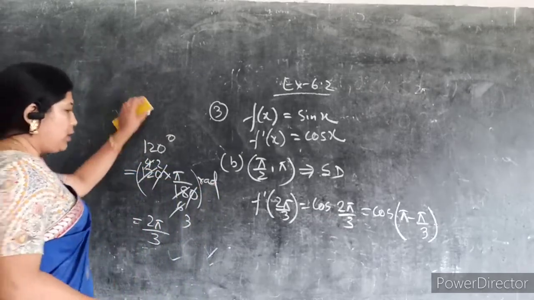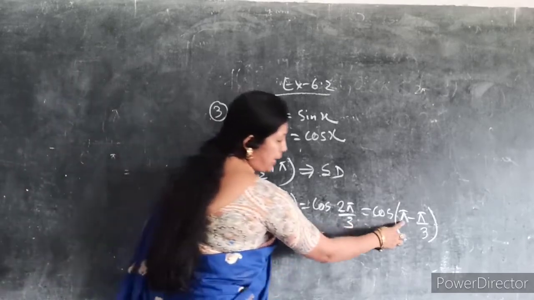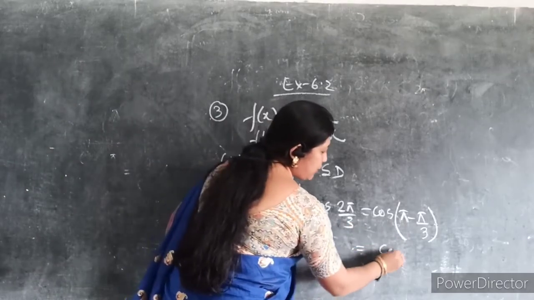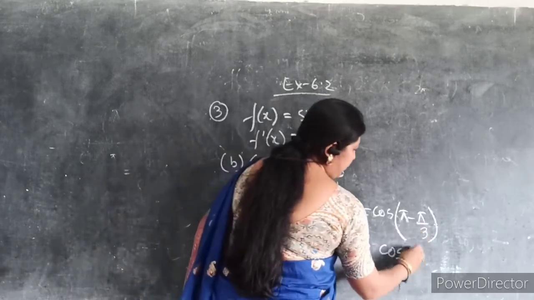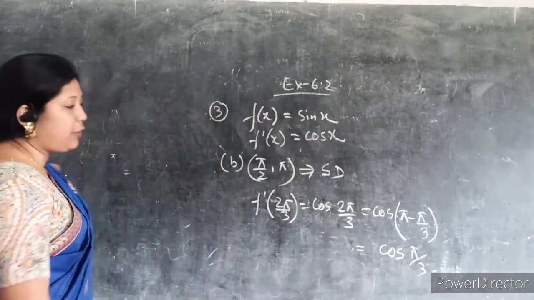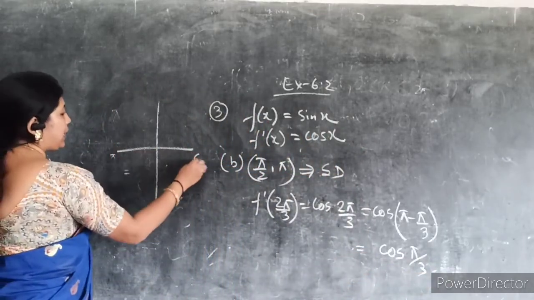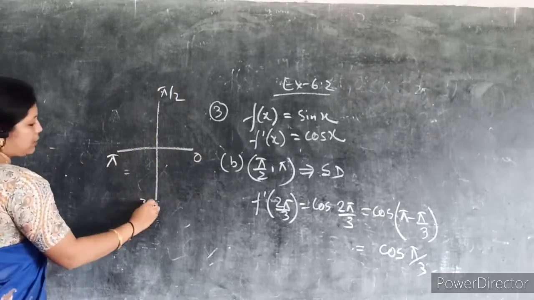To find this value, since it is pi, your function will remain as it is, and the multiple angle will be pi by 3. But what shall be the sign? For the sign, you have to remember the ASTC rule.